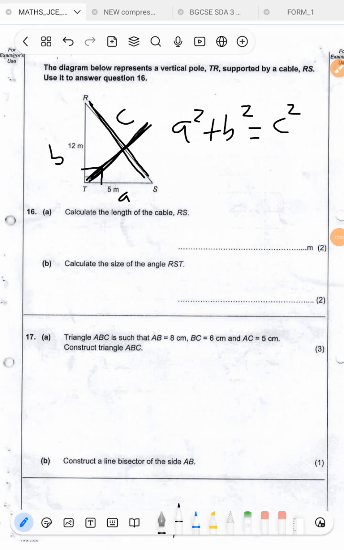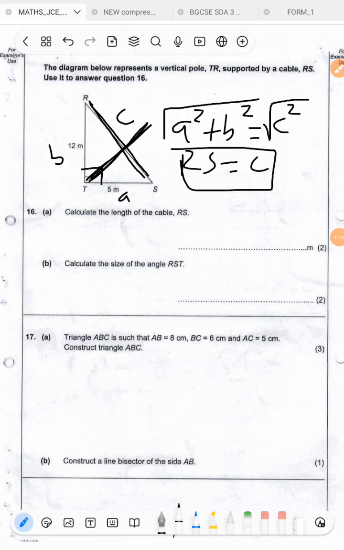So RS is the same as c, so we're looking for c. Let's make c the subject of the formula. We take the square root here. Therefore, c is equal to the square root of a squared plus b squared.